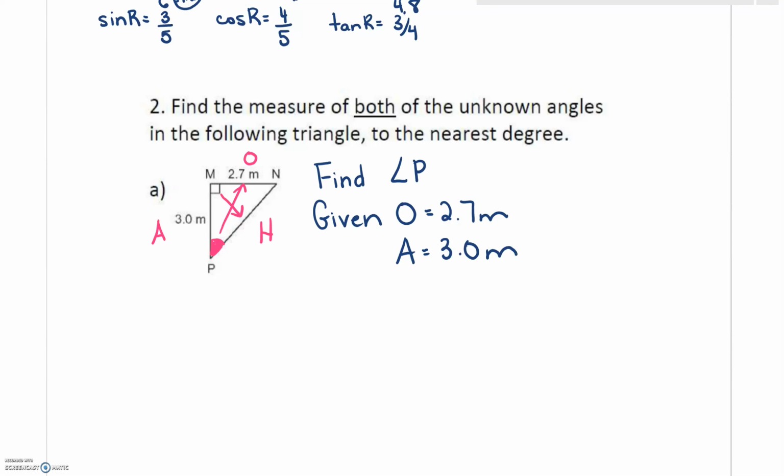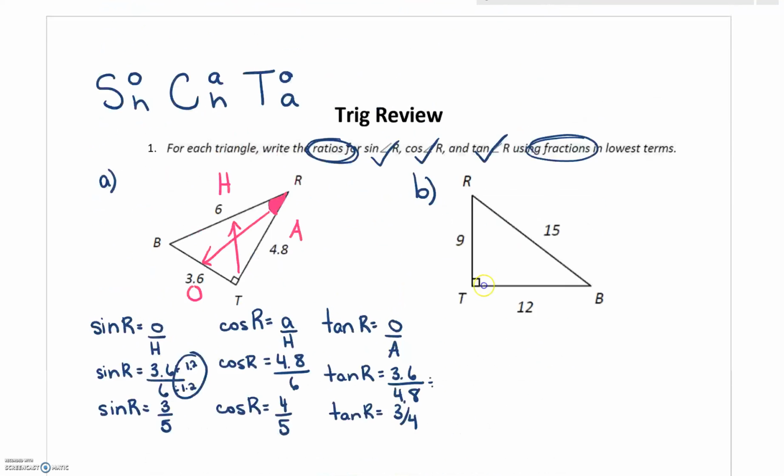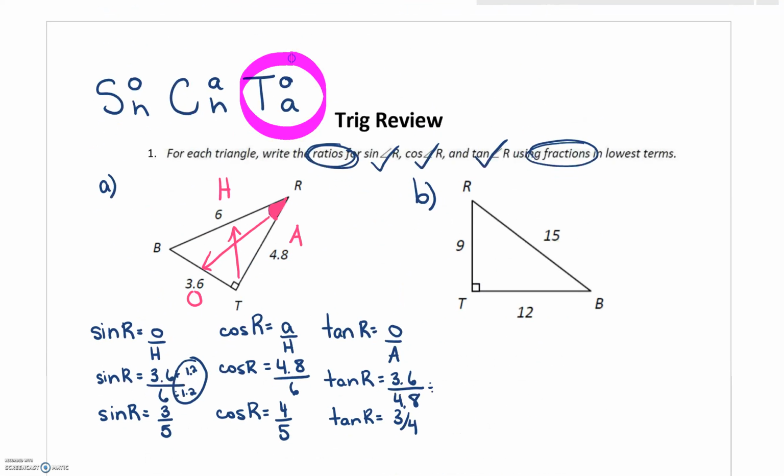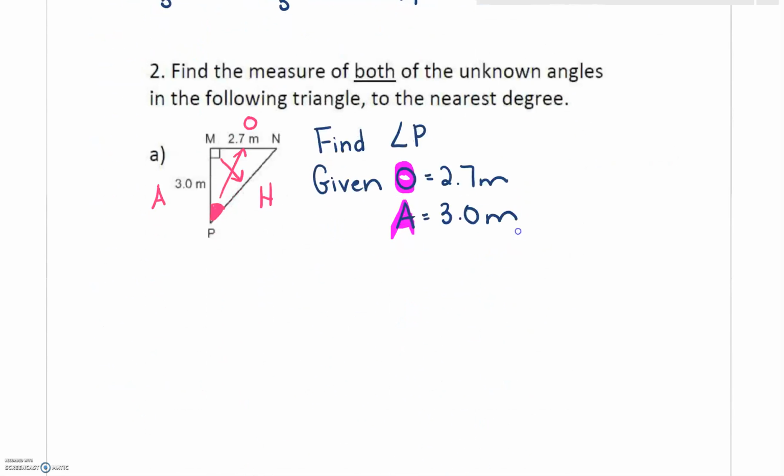And in this case, because I can see the letters O and A on here, if I scroll back up, I know that I'm going to be using my tan ratio because I was given the opposite and the adjacent. I see the letters O and A. So I'm going to write to use the tan ratio, but tan of what angle? We don't have an angle.